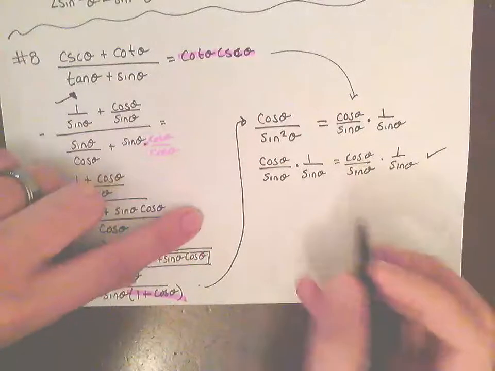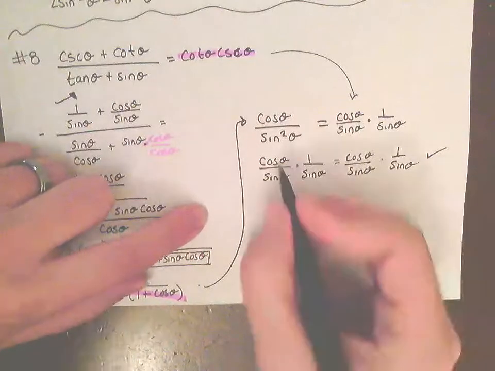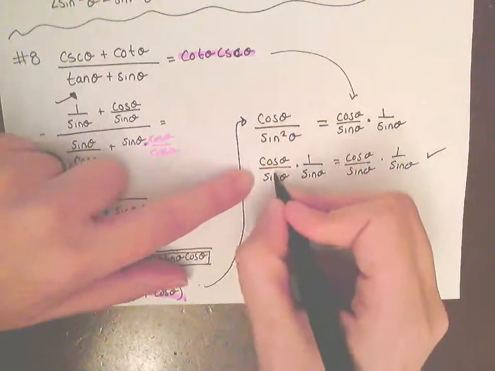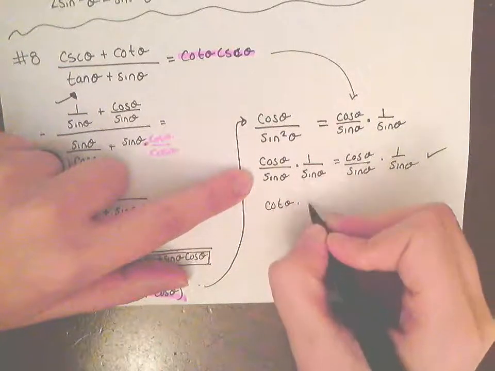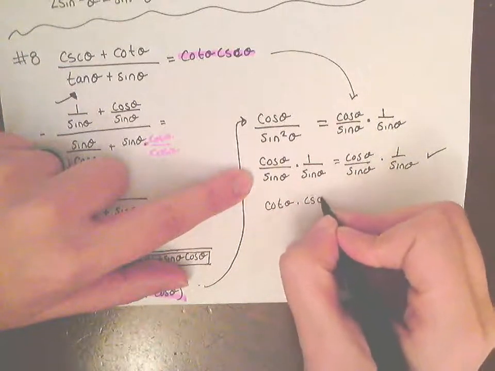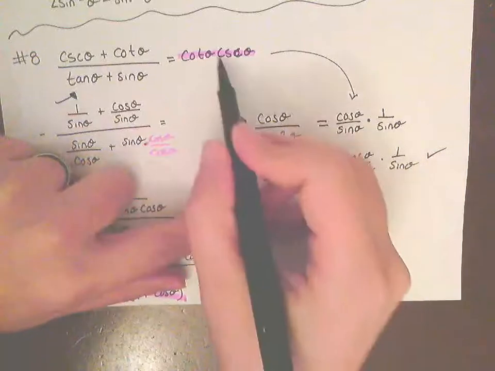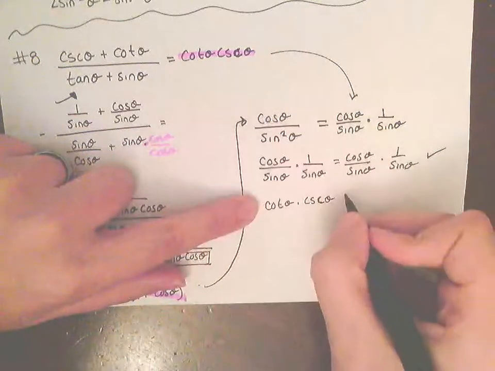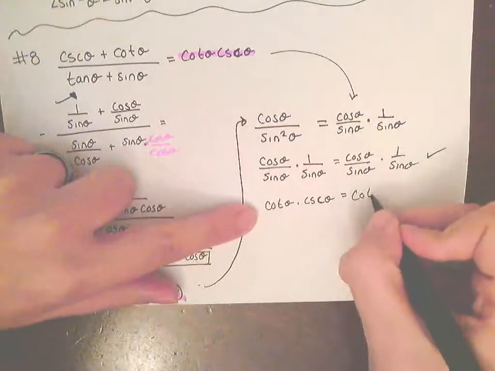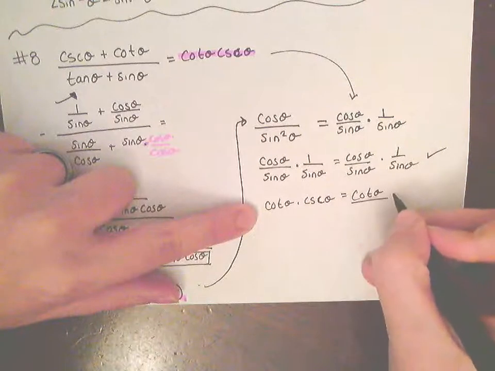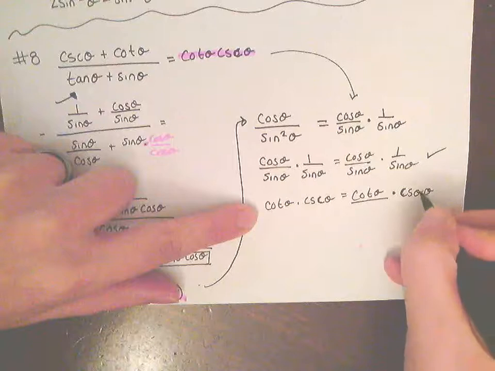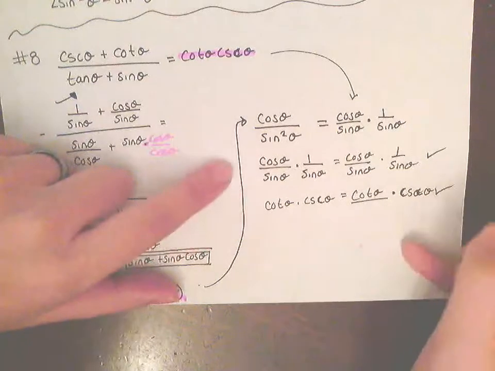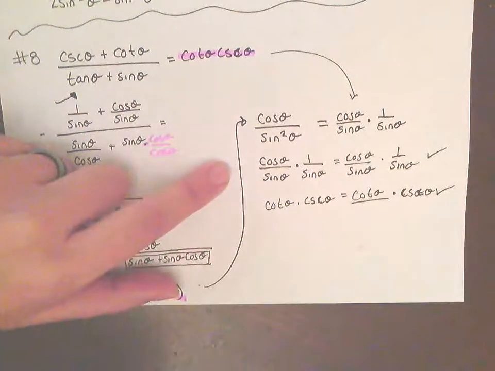So I can stop here because I've technically shown that it's the same, or I could have continued and called, okay, so this is cotangent of theta times cosecant of theta. So I could have continued this and shown that it equals this side. Done. Okay.